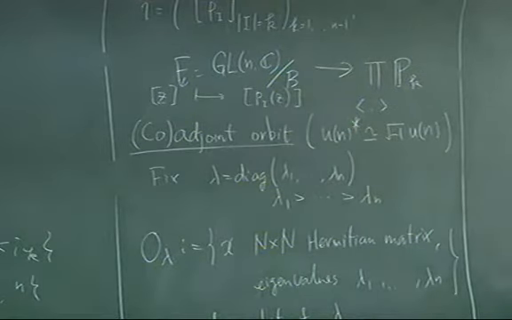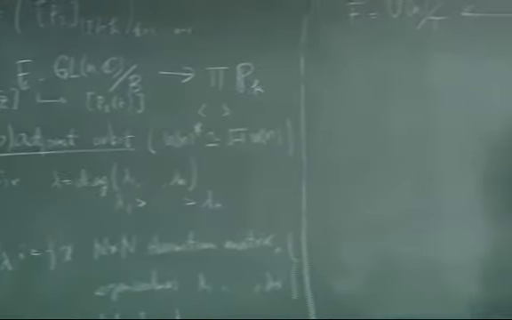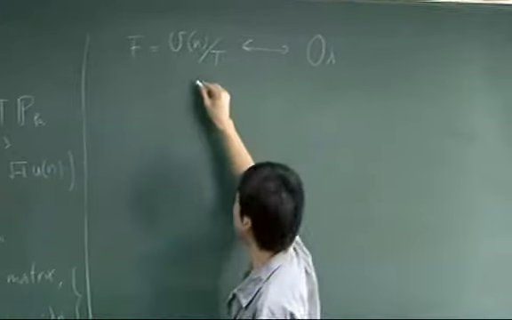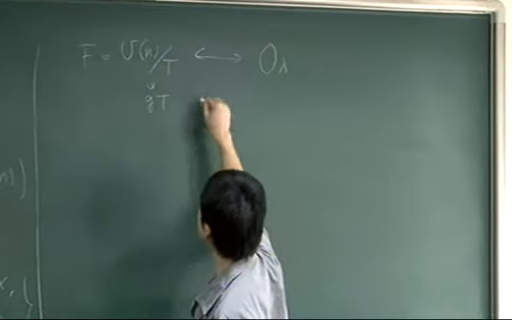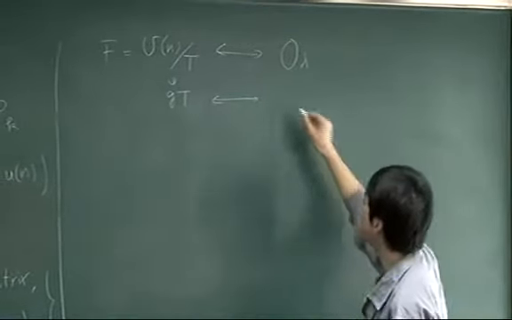And then we go back to this co-adjoint orbit. Then we can identify U(n)/T with this orbit space, where gT is identified with g lambda g star.